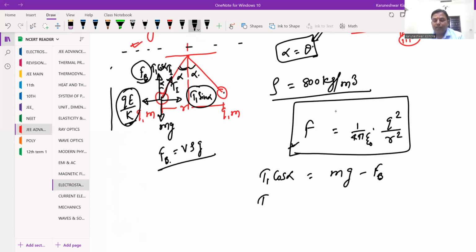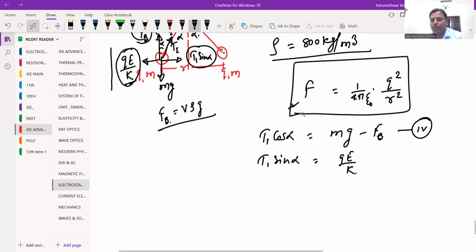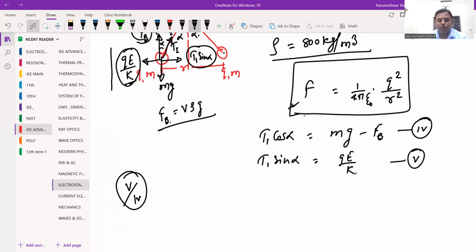And T1 sin alpha will be QE divided by K. This is the second scenario, the second equation we are having. Now, if you assume this to be the fourth equation and this the fifth equation, dividing fifth by fourth.